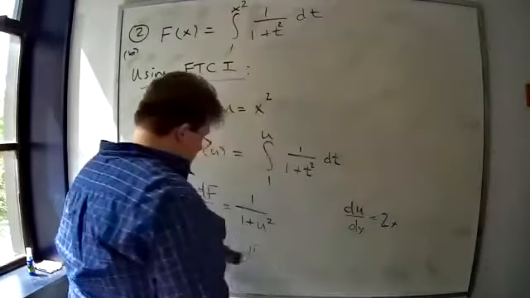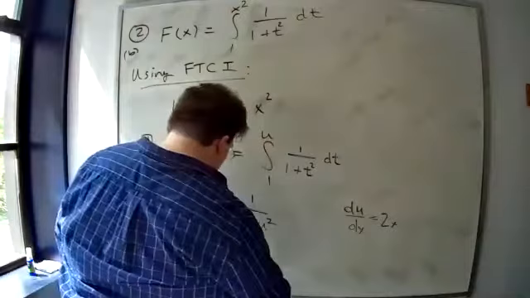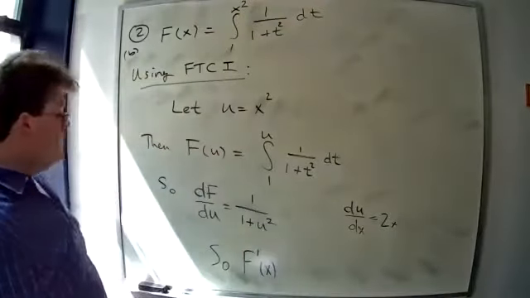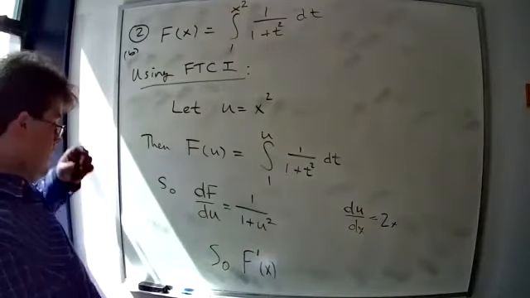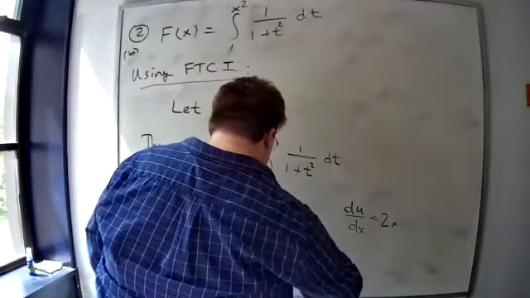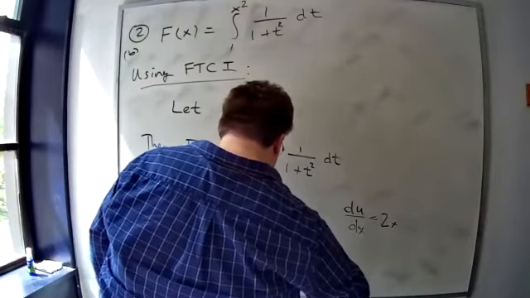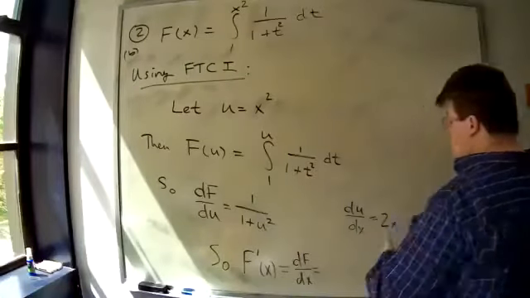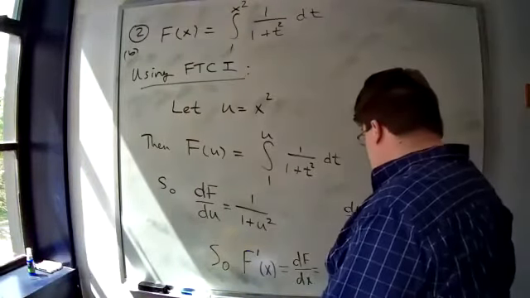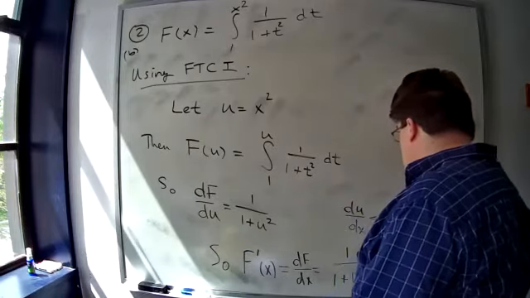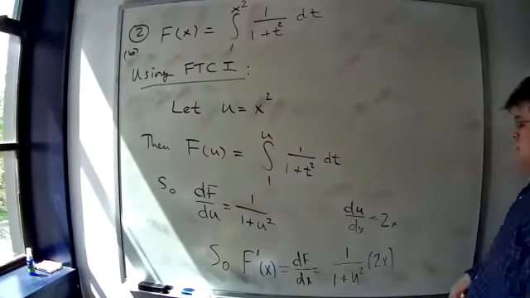So F prime of x, since that's what the directions said, is the same as dF/dx, which here, by the chain rule, is dF/du times du/dx, which equals 1 over 1 plus u squared times 2x.